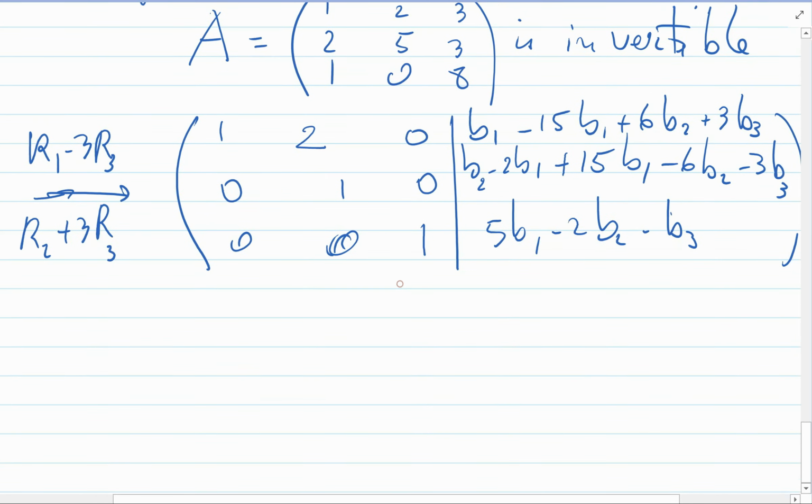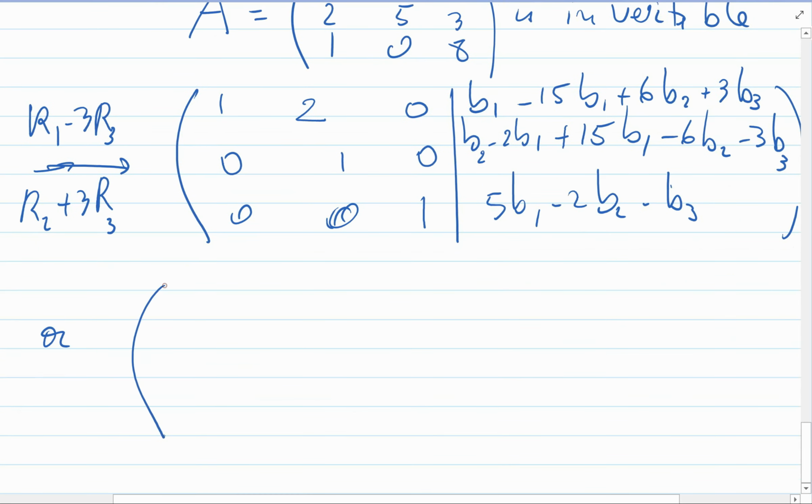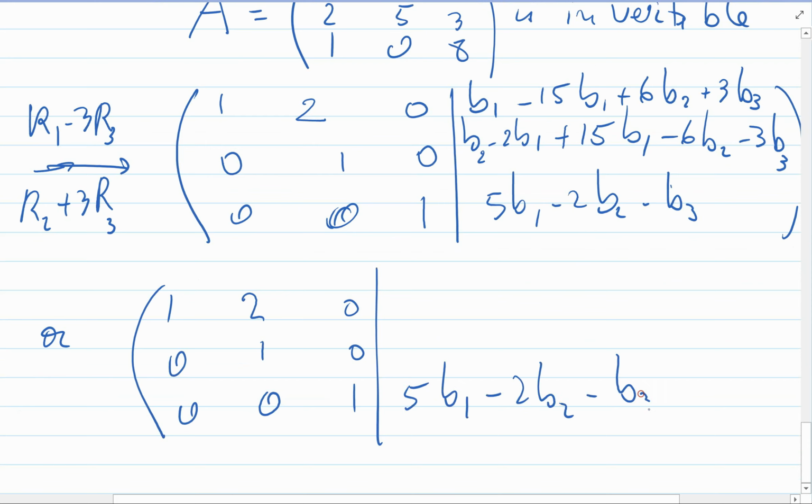Okay, so let's do some algebra here to make it nicer. 1, 2, 0, 0, 1, 0, 0, 0, 1, and at the bottom we have 5b1 minus 2b2 minus b3.